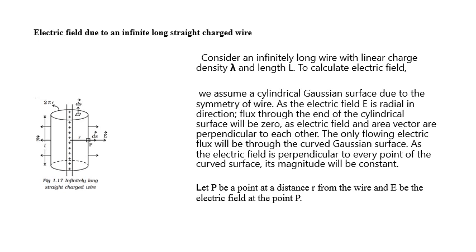You want to calculate the field of this wire at this place P. P is at distance R from here, and the wire is very long on both the sides.